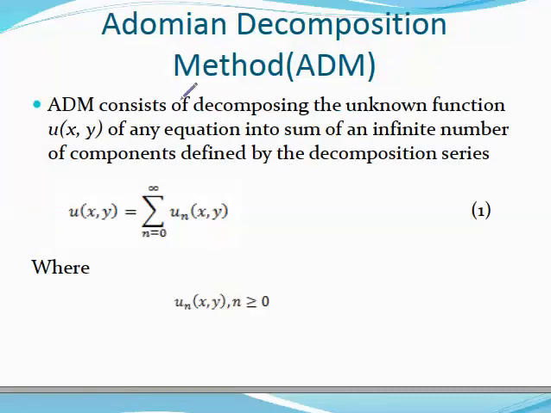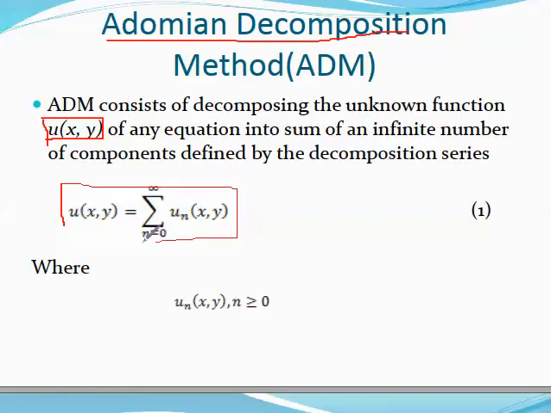The general form of the decomposition method is, for example, let's say we have an unknown function u, and we decompose this unknown function in a series form, where u is equal to the summation from n equals 0 to infinity of u_n, and u_n depends on the independent variables x and y.